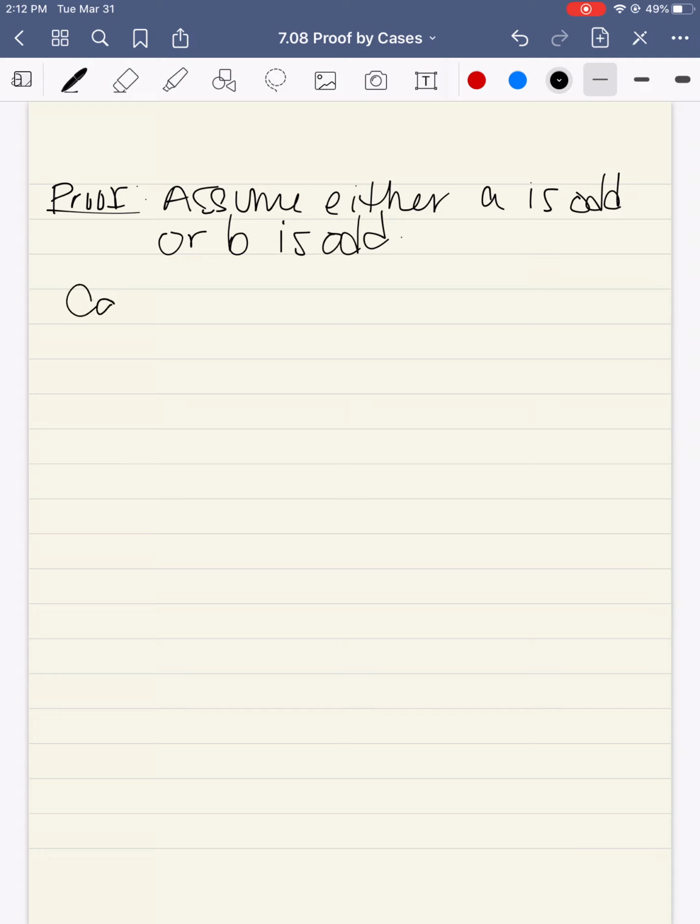So our first case here is, let's say, assume both A is odd and B is odd.